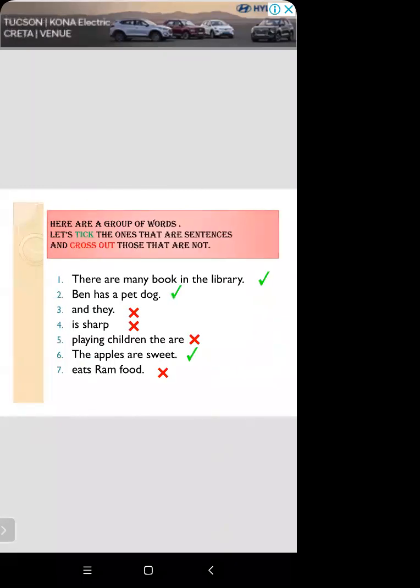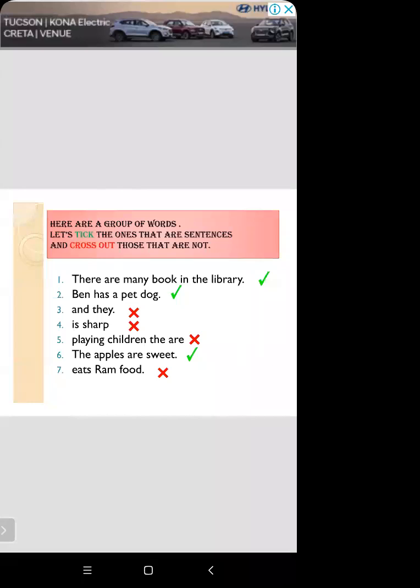Now, next is here. Let's start the exercise. Here are a group of words. Let's pick the ones that are sentences and cross out those that are not. First one is here. There are many books in the library.